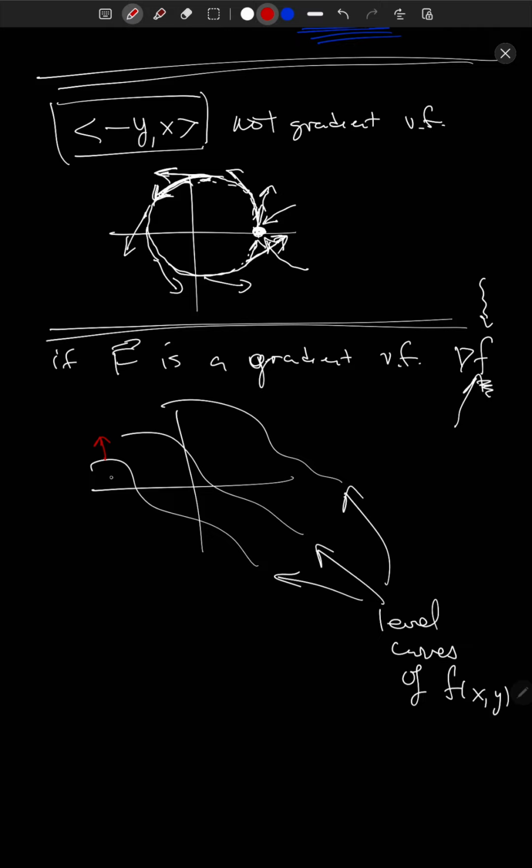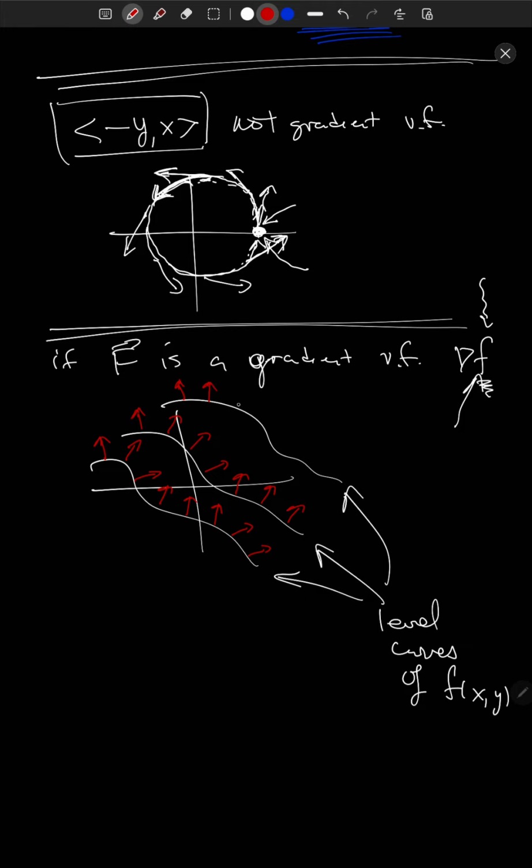So perhaps something like this. It could be in the opposite direction as well, but let's say for the sake of this example that they're all pointing in this direction. All right. So here, perhaps something like this. Again, without the formulas, I only know it's perpendicular. It could be pointing in the opposite direction.